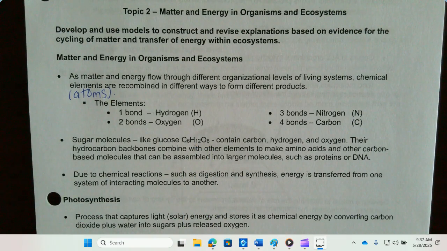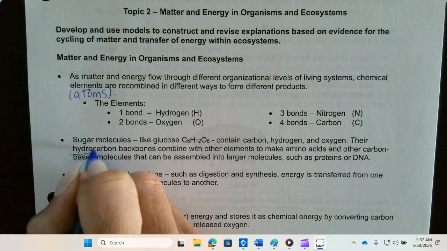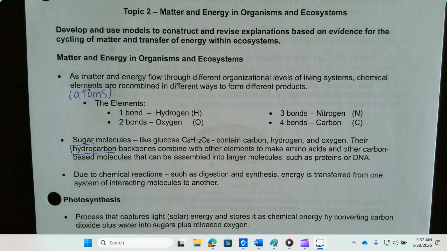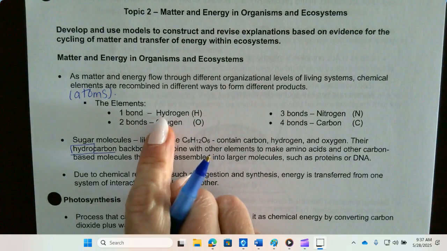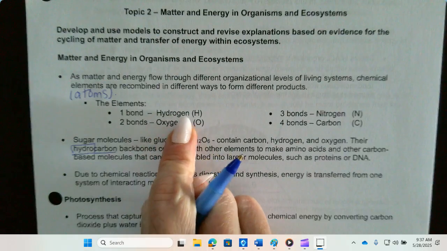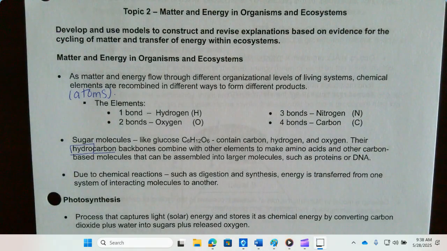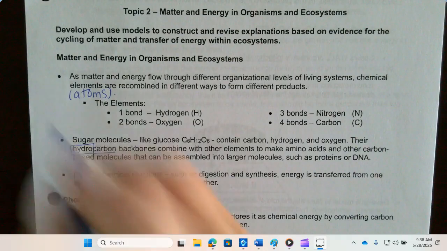They call it a hydrocarbon backbone. The hydro is just referring to the hydrogen, and then the carbon is referring to, well, carbon. So that just means that sugars are made of hydrogen and carbon as their backbone, as the structure that is going to hold them together more or less.